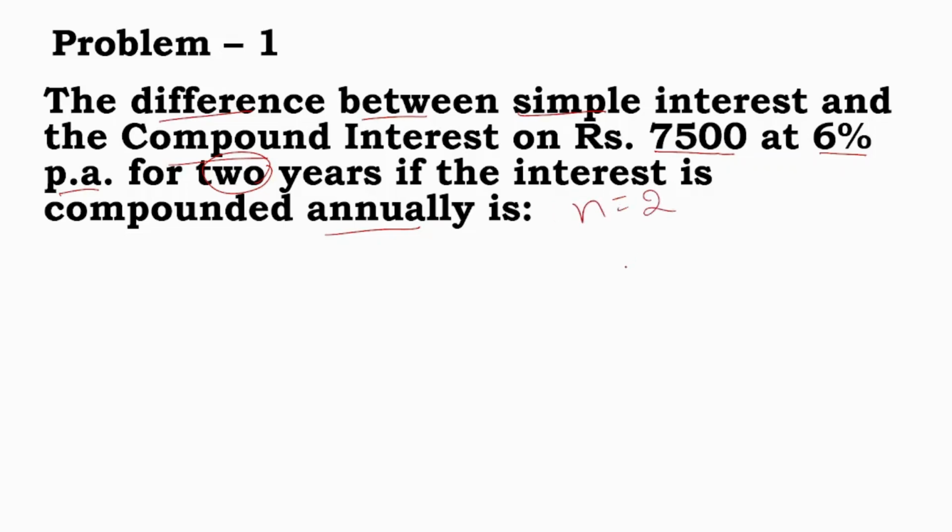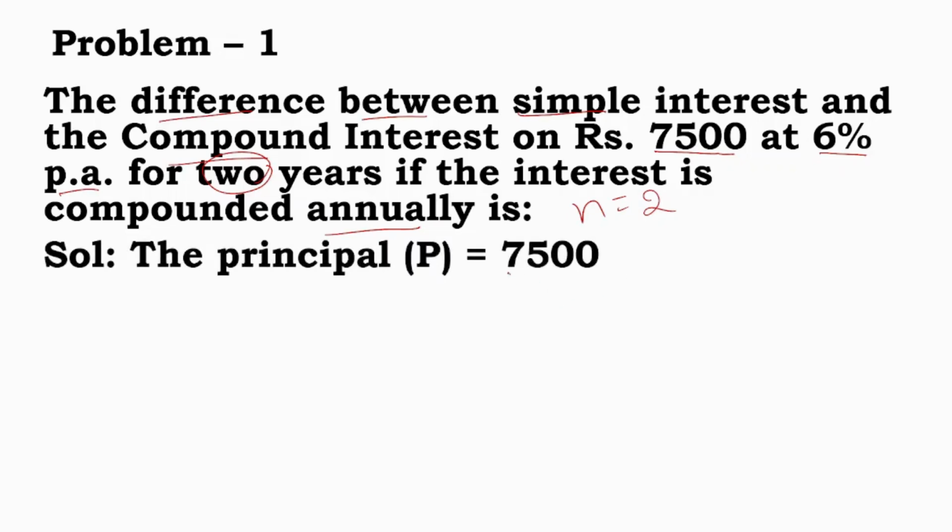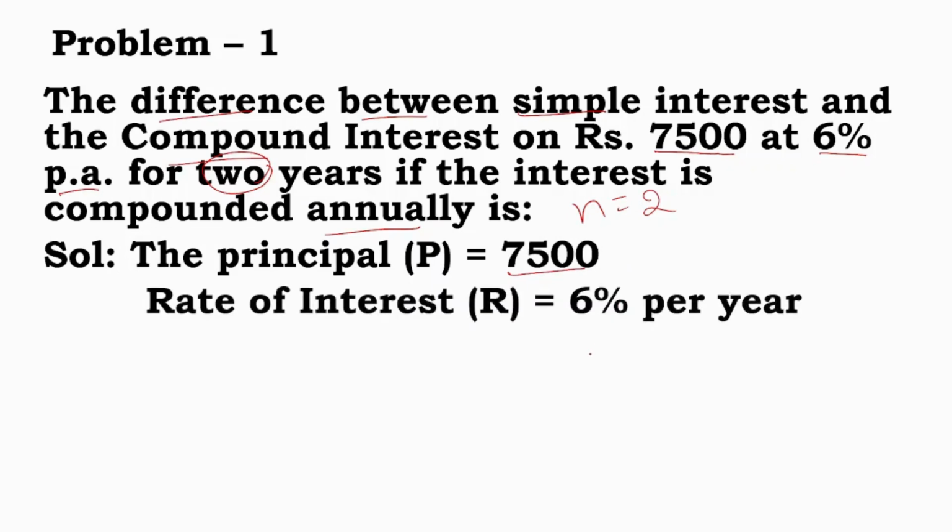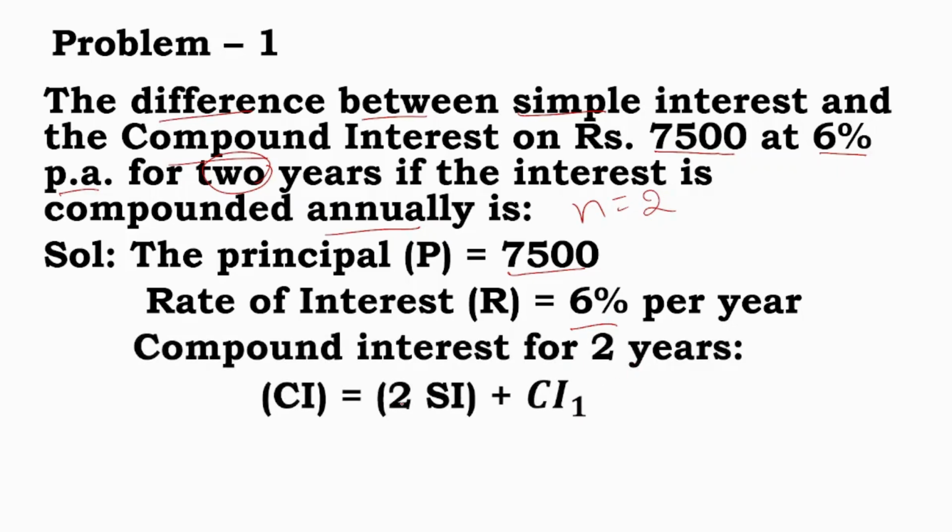In the solution, the principal is 7,500 and the rate of interest is 6%. Now the compound interest is calculated as CI equal to 2 into SI plus CI1, where SI is imposed on the principal, P into R by 100, and CI1 is imposed on the simple interest, that's why SI into R by 100.